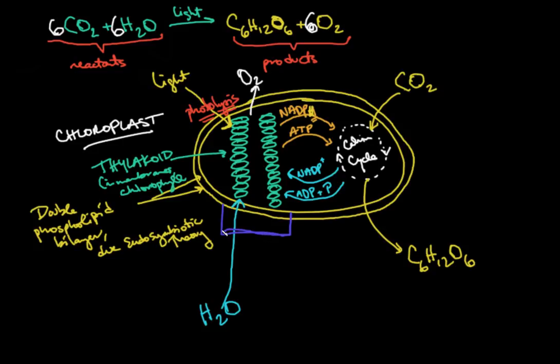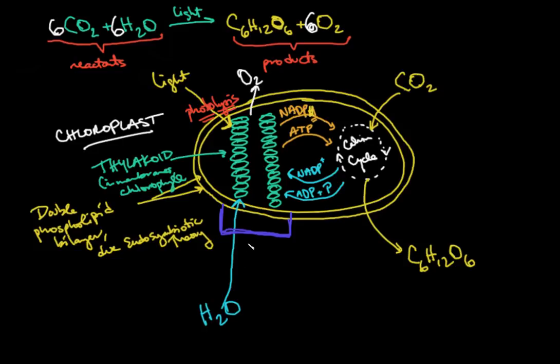And remember, one of the limitations of my drawing is that I put thylakoids over here on the left, but really these stacks of thylakoids, or granum, the stacks are called granum. Multiple granum is really grana. If you take Latin, you know that it's grana for plural granum.